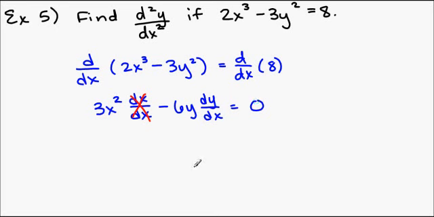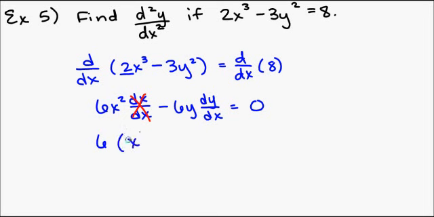Oh gosh, why did I write a 3? This should be a 6. So sorry. So that's a 6 because 2 times 3 is 6. Now I have a 6 on both of those numbers, so I'm going to factor out a 6.